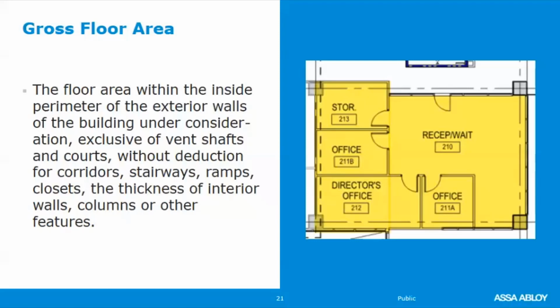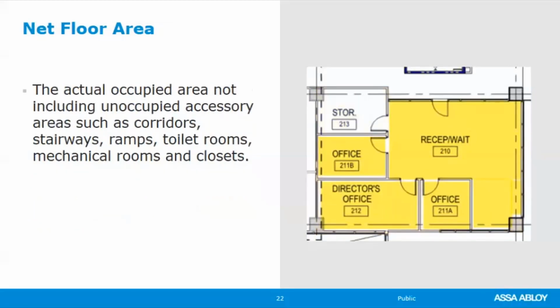If the calculator doesn't say to use net floor area, then gross floor area is the default. That matches what's in the IBC as well. The net floor area is the actual occupied area, not including any unoccupied accessory areas like corridors, stairways, ramps, toilet rooms, mechanical rooms, and closets.